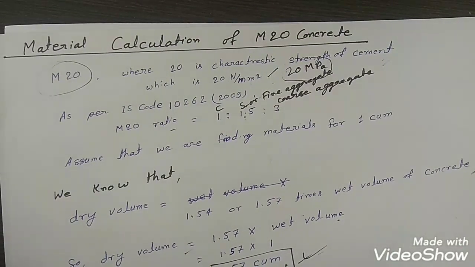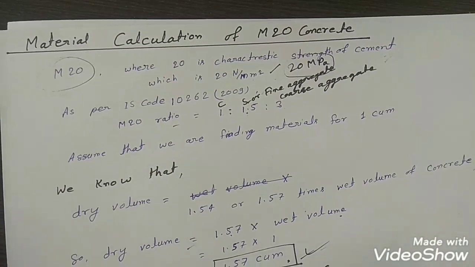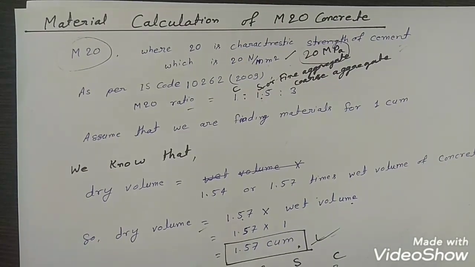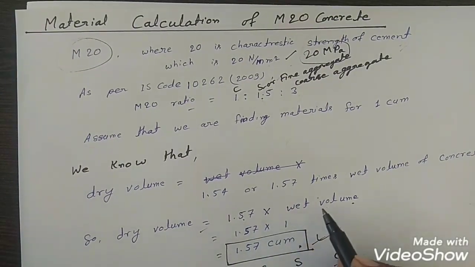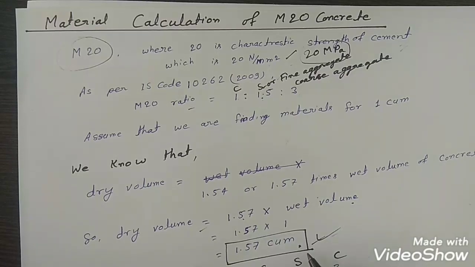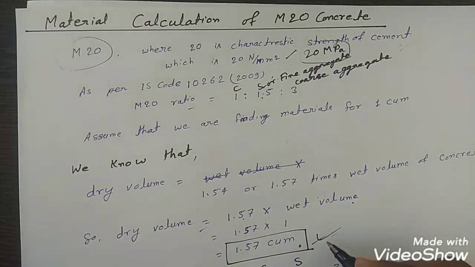So we know that dry volume is equal to 1.54 or 1.57 times the wet volume of concrete. So dry volume will be 1.57 into wet volume, so our dry volume will be 1.57 cubic meter.